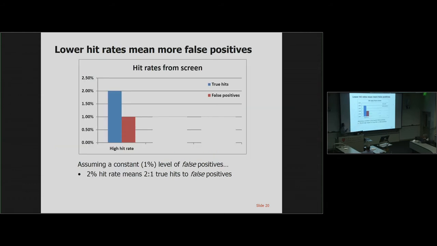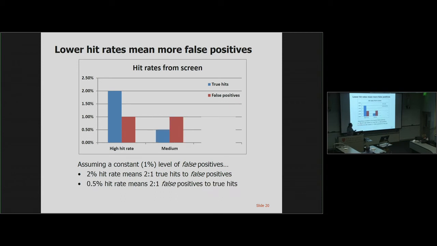So let's say you have a 1% rate of false positives. That's actually probably pretty low. What would you say, Bruce, is sort of in a high throughput screen? It's 1%. But if your true hit rate is 2%, then that's pretty good. You've got 2 to 1 true hits to false positives.